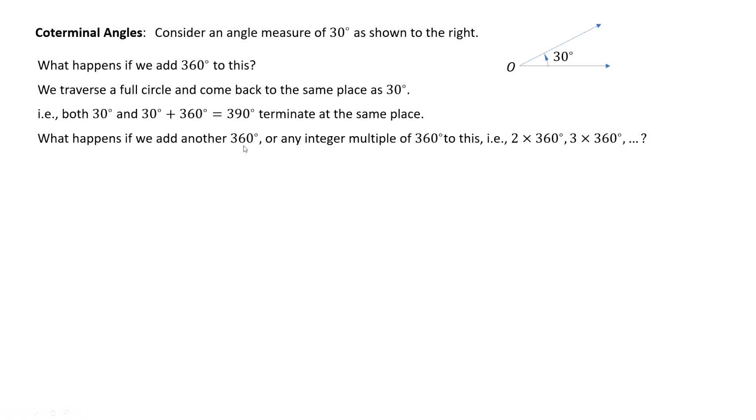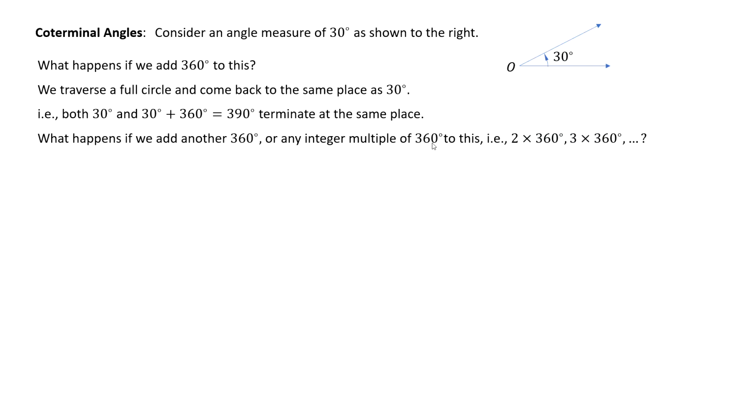What happens if we add another 360 degrees? Or, in fact, any integer multiple of 360 degrees? That's the big interesting thing: any integer multiple of 360 degrees we want to add.